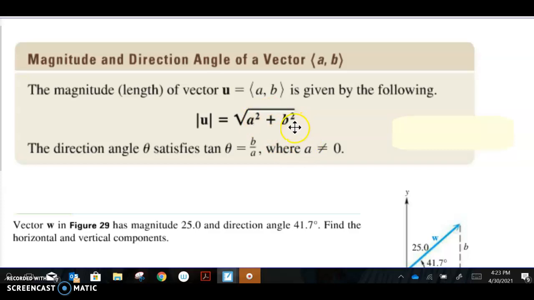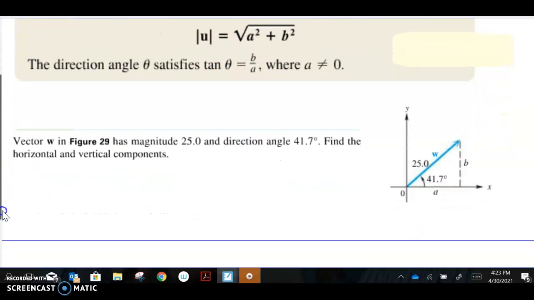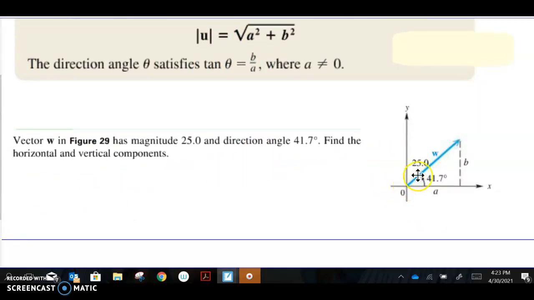Like the r squared we used to have in the beginning, when we used r with trig. And theta is the inverse tangent of b over a; the tangent of theta is b over a. So here we have a magnitude of 25, and the direction is 41.7 degrees.